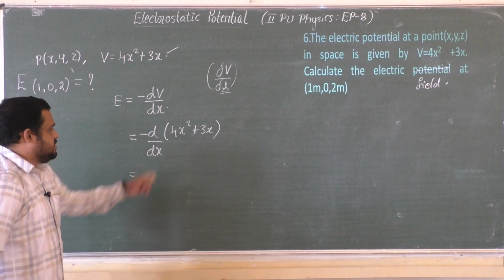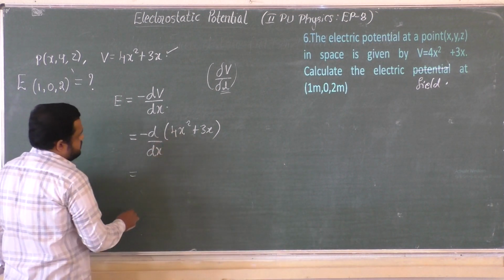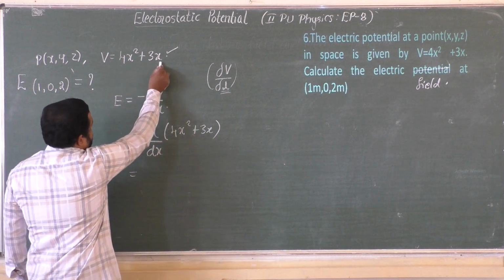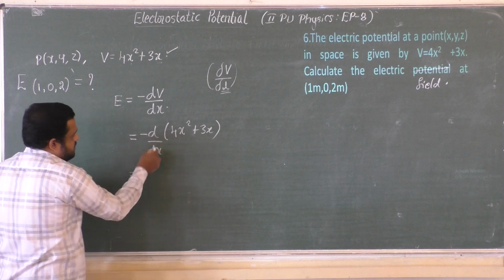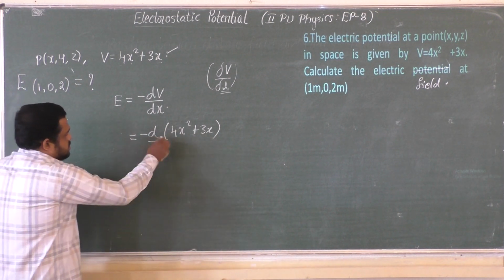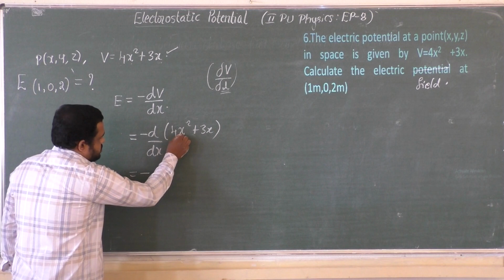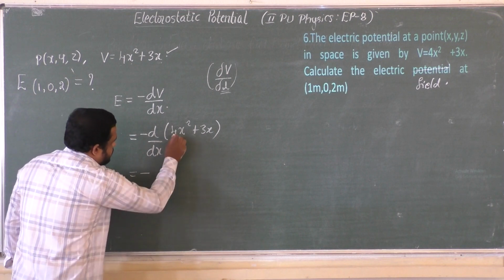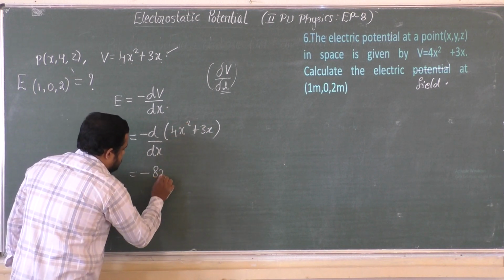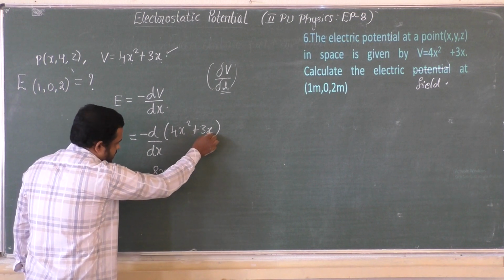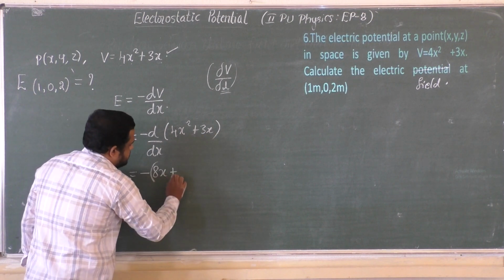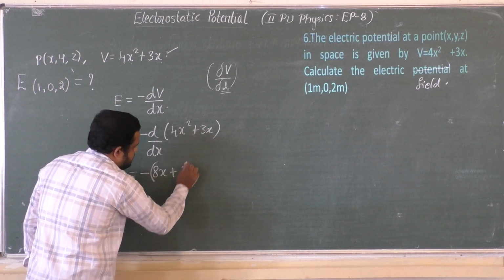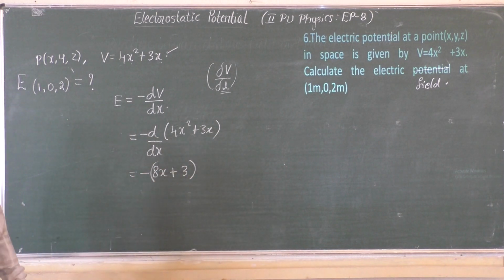Differentiate this with respect to x. If it is given as y, then you have to use d by dy. So minus differentiation of 4x square is 4 into 2, 8 into x. Differentiation of 3x is 3.